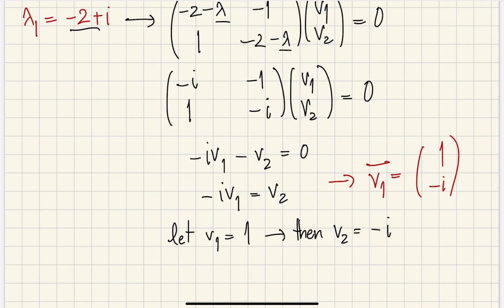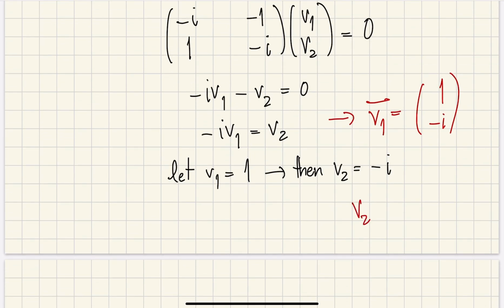Now we don't really need to calculate the second eigenvector, since the eigenvalues occur in conjugates. The second eigenvector is also a conjugate of the first eigenvector. So the second eigenvector, if you do the math, should turn out to be 1, i.